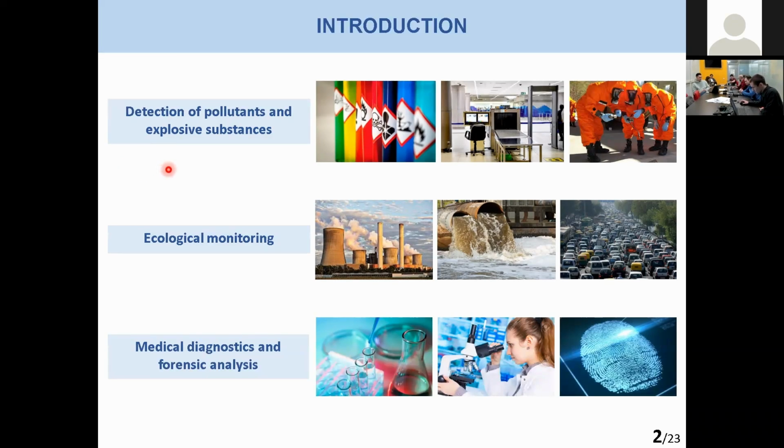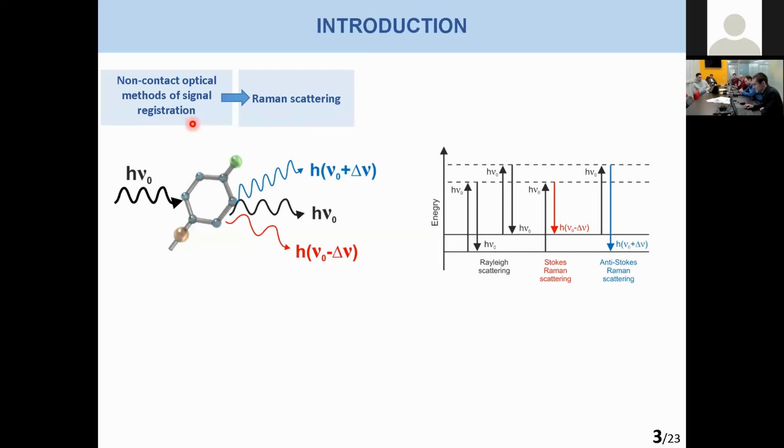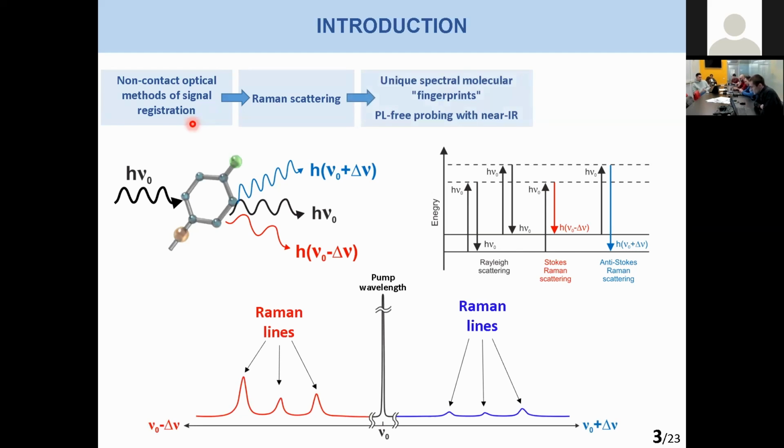In particular, a sensitive and selective method for identification of molecular analytes is Raman scattering spectroscopy, which is based on the optical process of inelastic light scattering with a change in its frequency. New spectral lines appear in the spectrum of scattered monochromatic radiation, and the position and intensity of new lines helps to identify the irradiated substance.